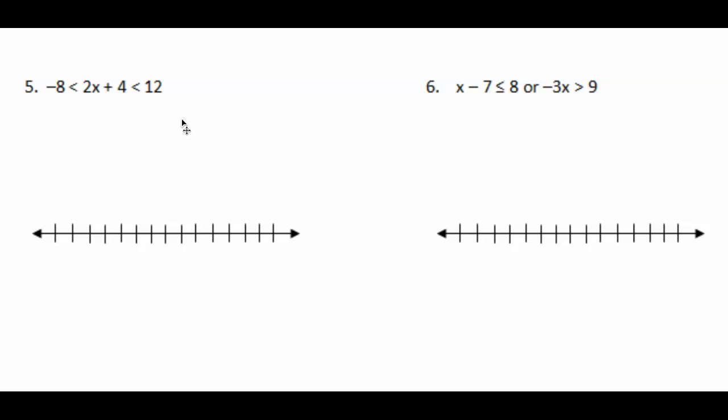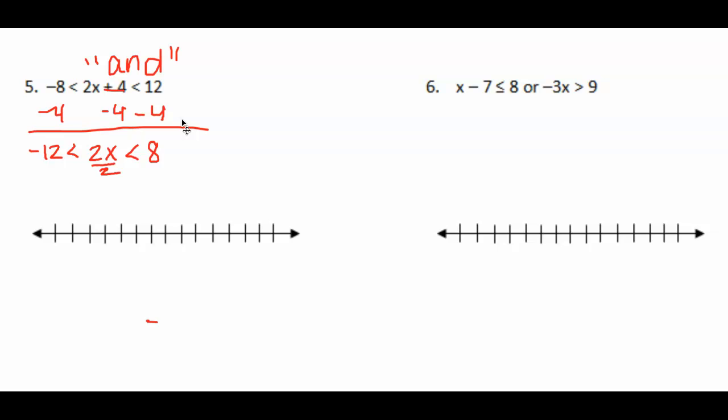Number 5, this doesn't have the words and or with it, but because it's one inequality, this is an and problem. And to isolate x in the middle, whatever you do on one side or to the middle, you're going to do to the outsides. So if I want to get rid of the plus 4, I'm going to subtract 4 from the left, the right, and the middle. So that gives negative 12 less than 2x less than 8.